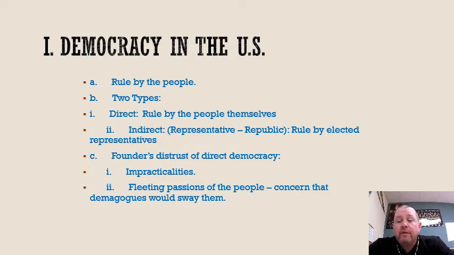But they also felt that they might be too passionate because they would be poorly informed, right? So again, and this is another part of the impracticalities, when you go back and look at 1787, the difference between somebody in Boston, Massachusetts, and somebody in Savannah, Georgia was pretty drastic, right?